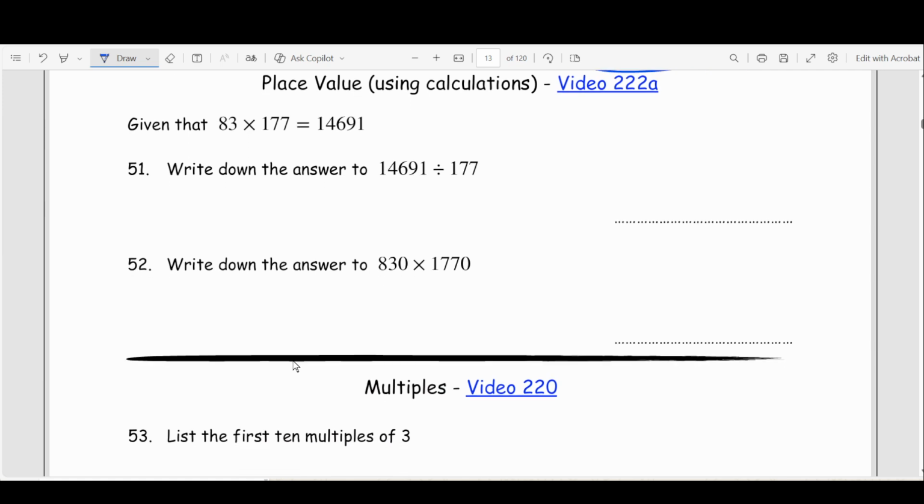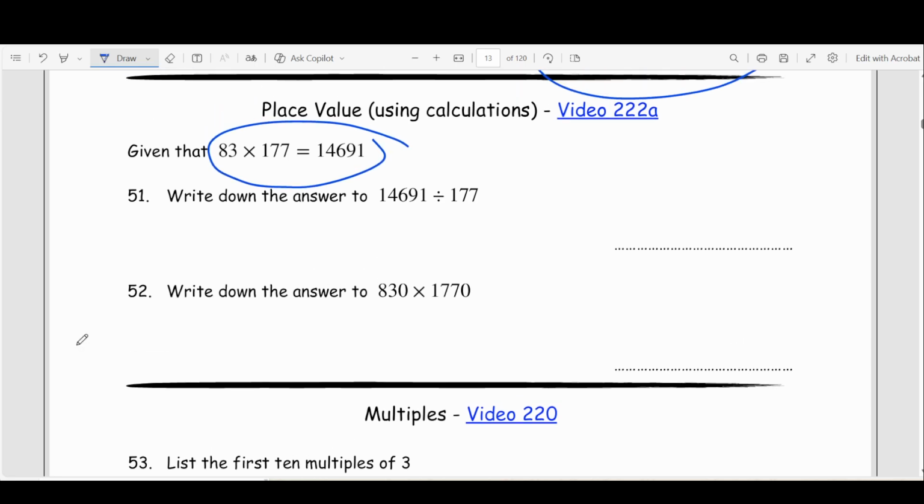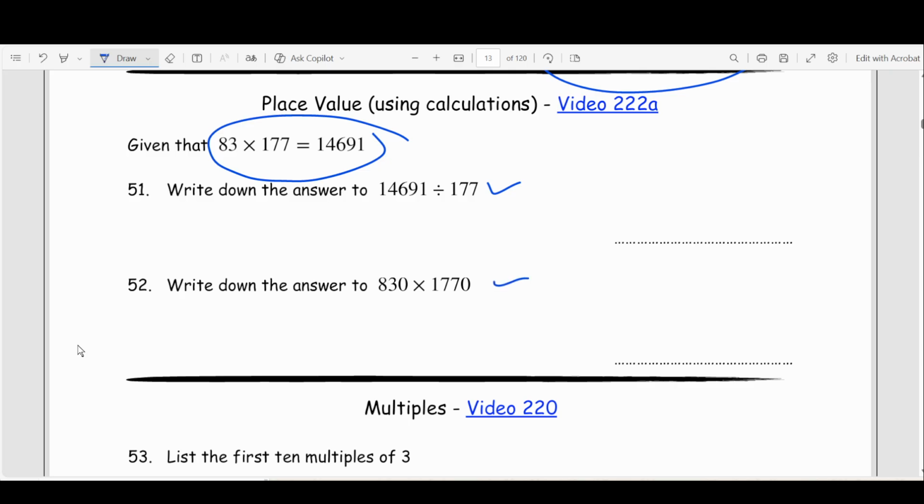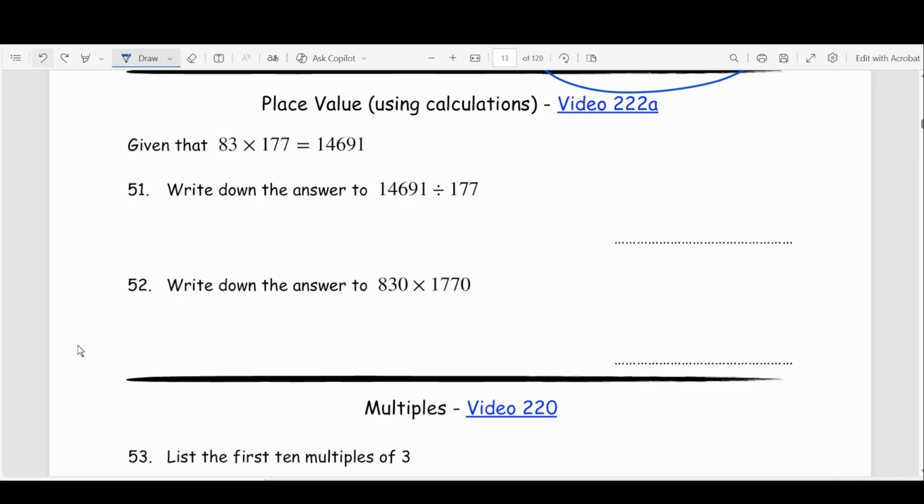Okay, try this. Here, see, this calculation you need to use to solve this and this. 83. And second one is 1469. Very good.